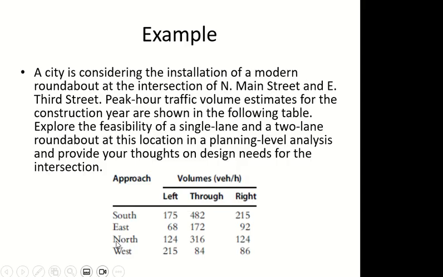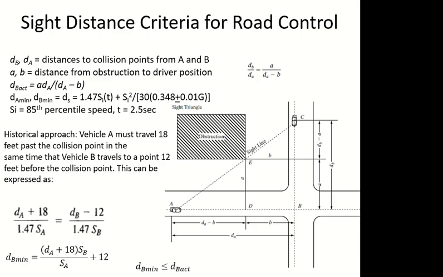Sight distance at the intersection is a very important issue, especially at intersections which don't have a signal, because eventually you will enter the intersection on the basis of your judgment of how far the other vehicle is, and for that you need enough sight distance.